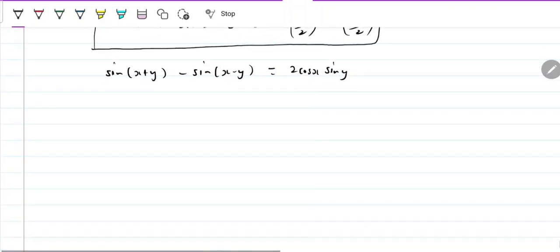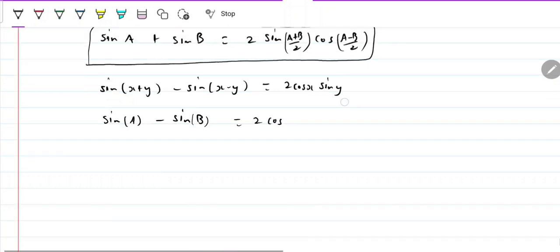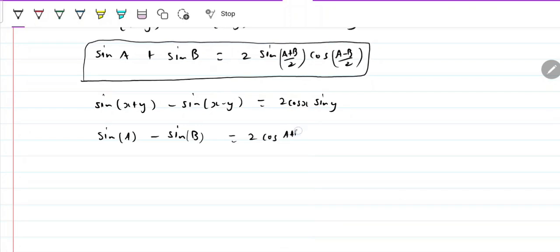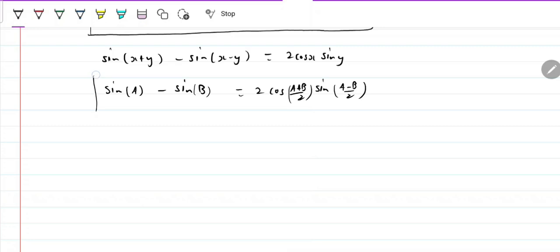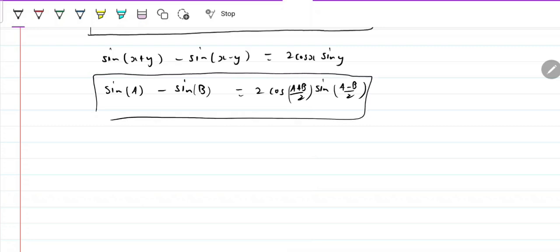So this will be the sine of A minus the sine of B. So that's equal to 2 times the cos of A plus B over 2, times sine of A minus B over 2. All right, so another one to note.